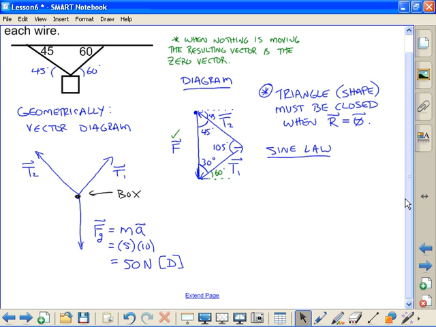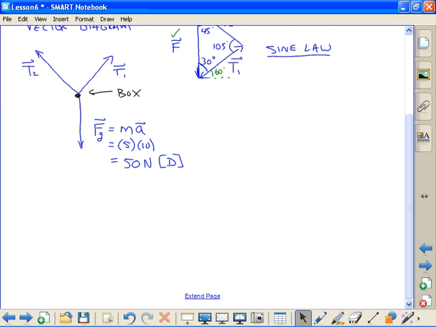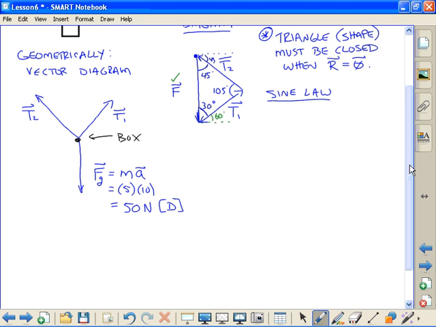So to finish the question up then, to find the unknown T1 and T2, I'm just going to do magnitudes. I'm going to use sine law. So sine A over A equals sine B over B equals sine C over C. So that means I'm going to use my force vector. So that's going to be sine of 105 over 50 equals sine of 45.